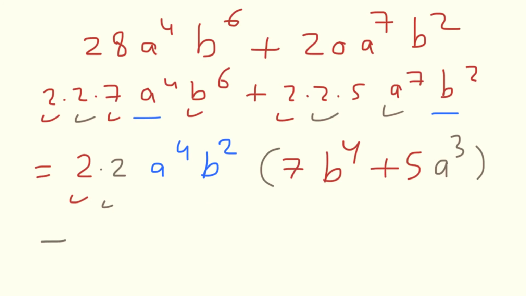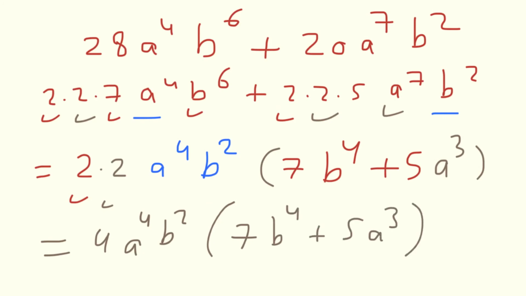Of course, let me just write this in a final nice format. It's going to be 4a⁴b² times 7b⁴ plus 5a³. Now, you can multiply to double check your answer, using the distribution, and make sure you go back to the original. Okay, as a practice.